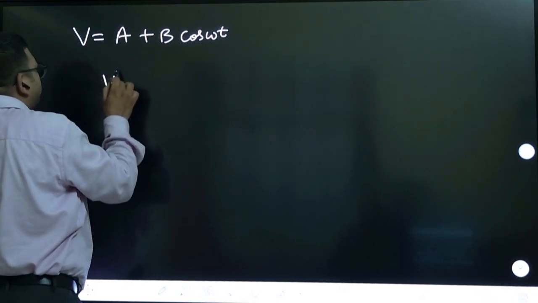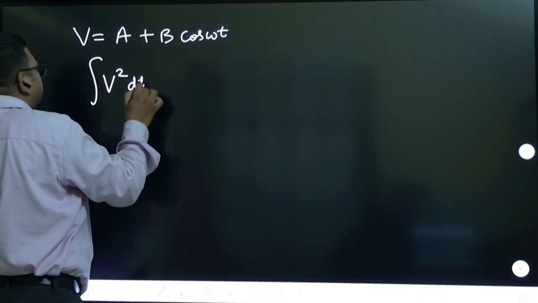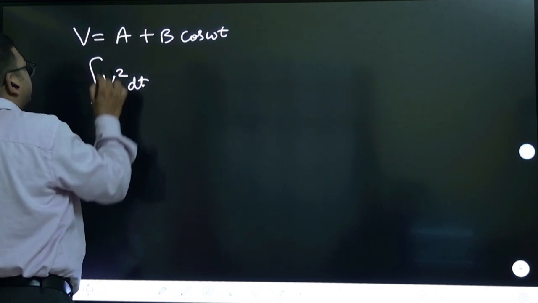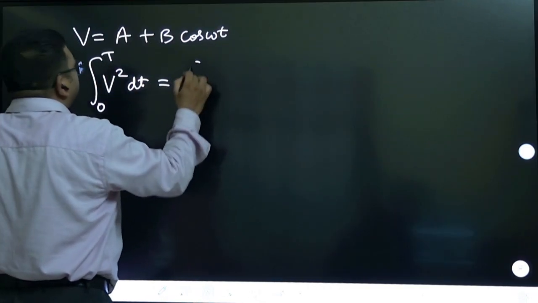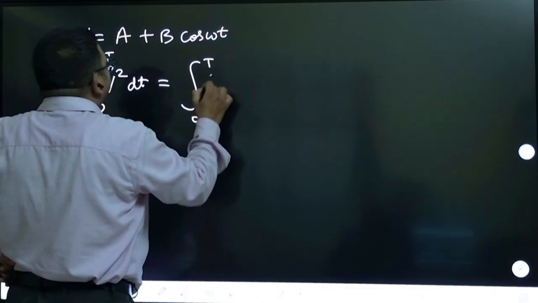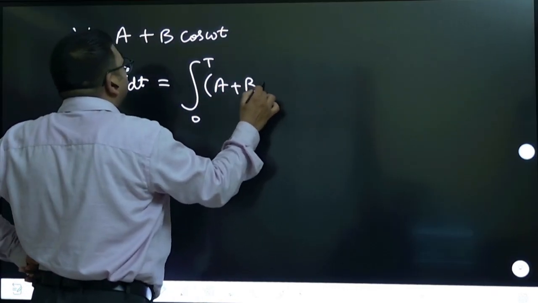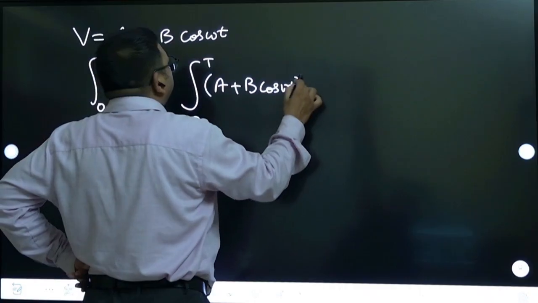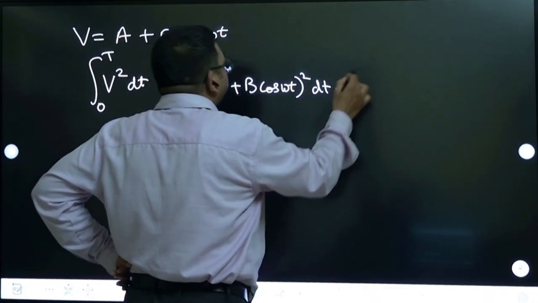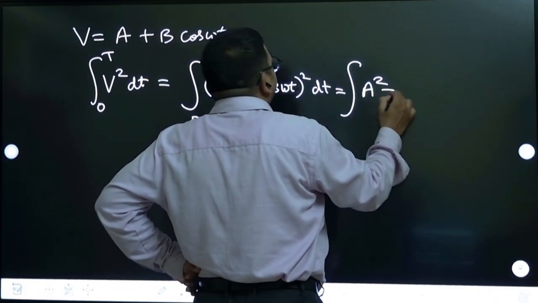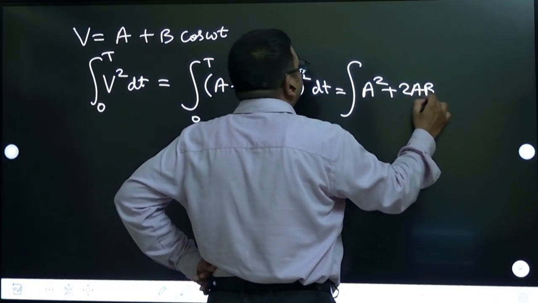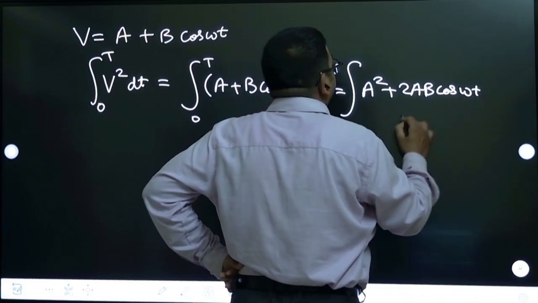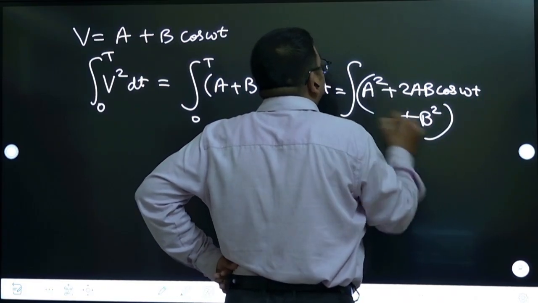Now we want RMS, so v square dt. Let us do this derivation over one cycle, 0 to T. So 0 to T, A plus B cos omega t whole square dt. Let us open the bracket: A square plus 2AB cos omega t plus B square cos square omega t, into dt.